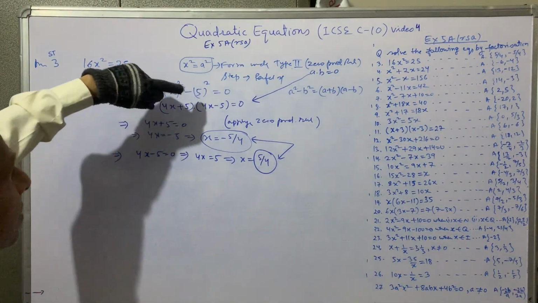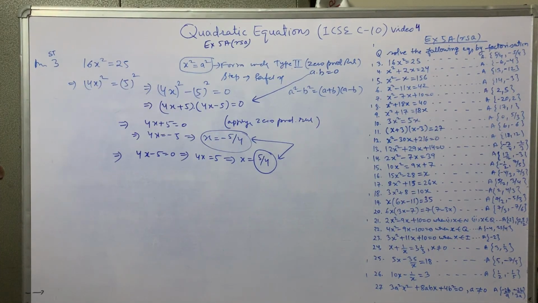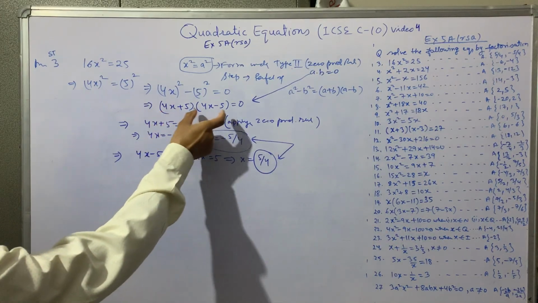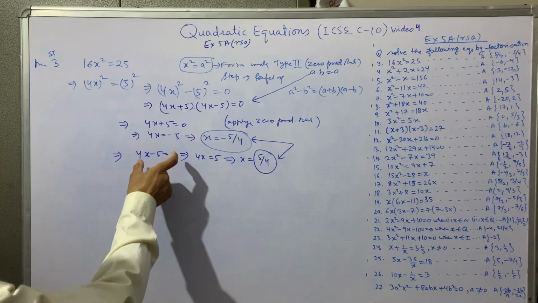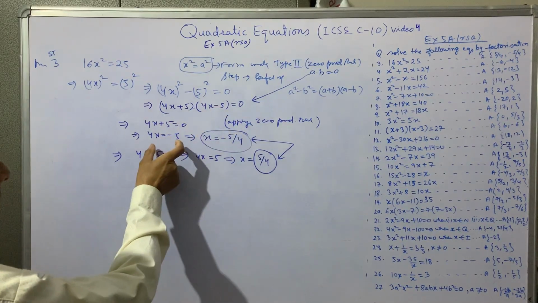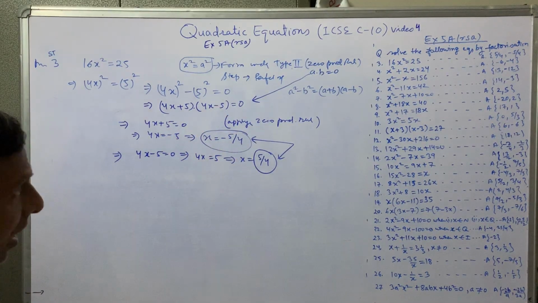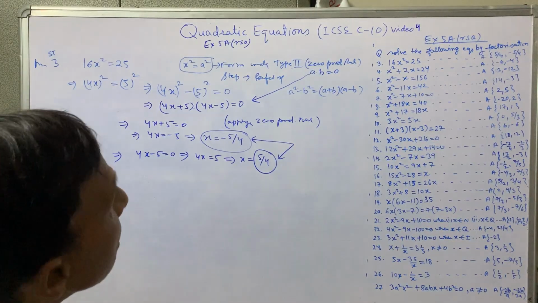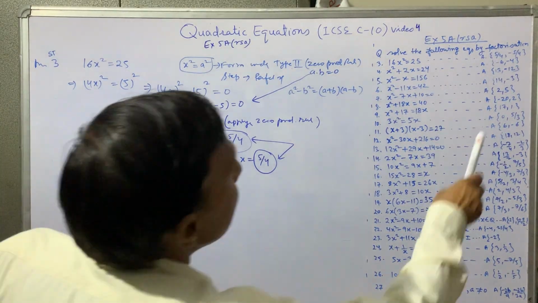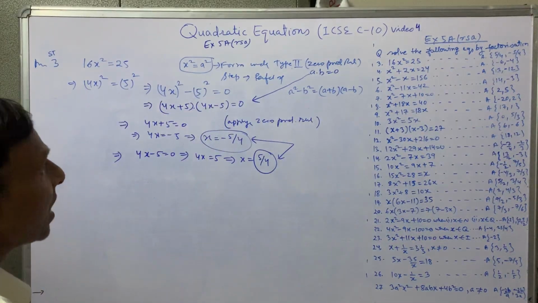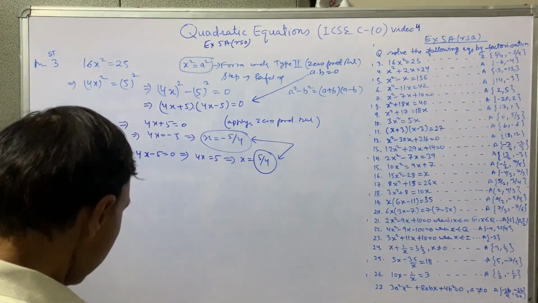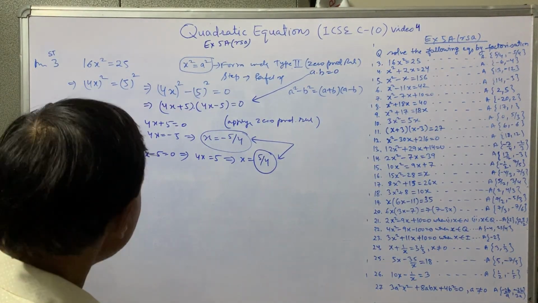First we factorized the given quadratic equation into a dot b product form equal to 0, and thereafter taking a equal to 0, then b equal to 0, we got the solutions. These answers perfectly match the book: 5 by 4 and minus 5 by 4 are the solutions of the given equation.